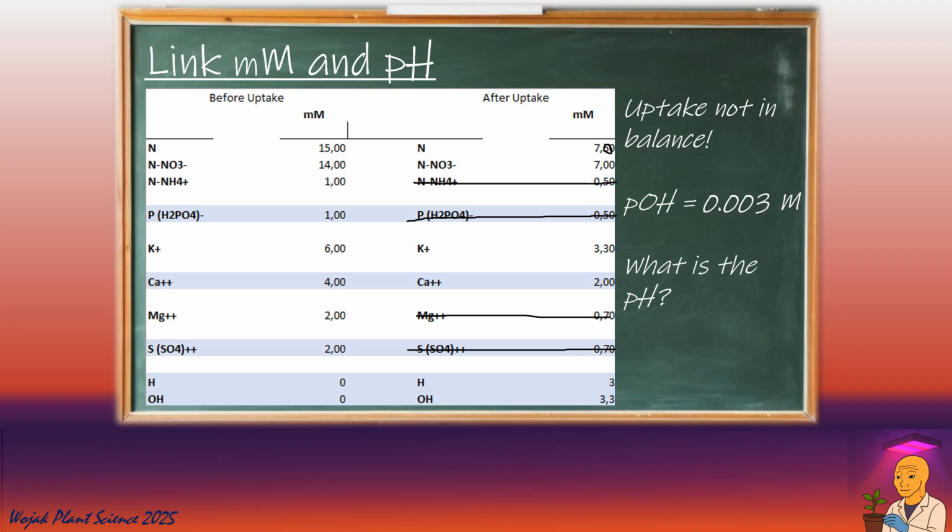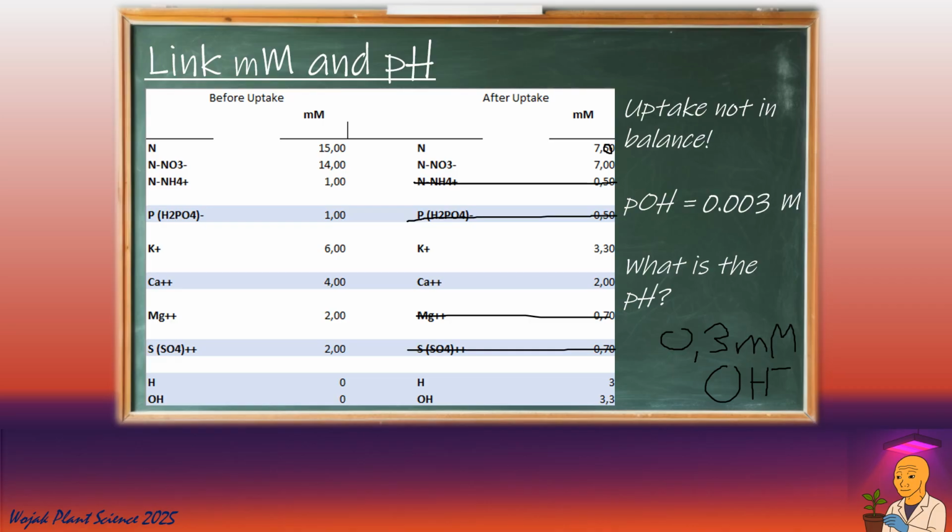And here you see that we have a higher concentration of OH minus. So we have 0.3 millimole of OH minus. So we want to know now what the pH is.